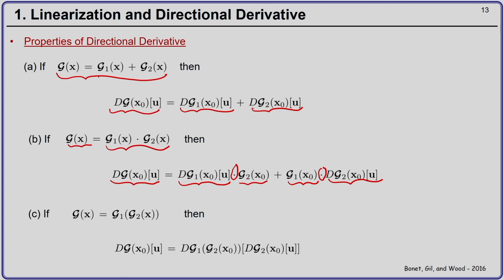The last property is, suppose your g of x is g 1 as a function of g 2, which is again a function of x.